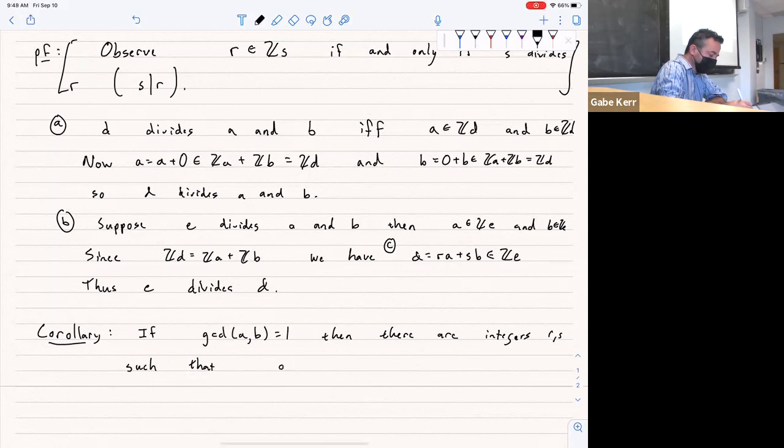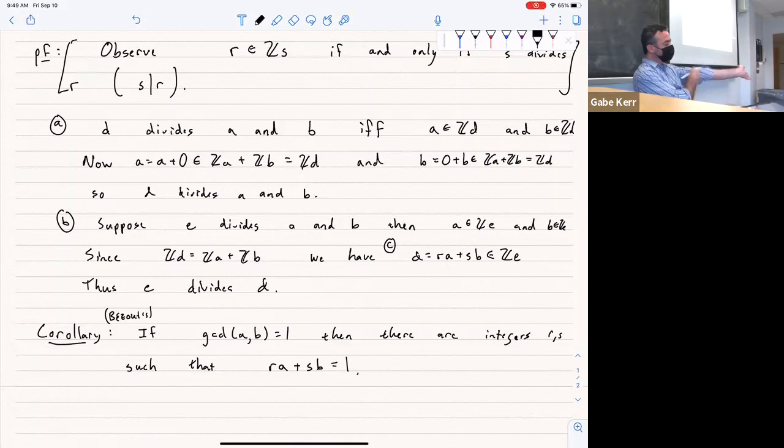This is just part C of the last thing. I think this is called Bézout's theorem. Maybe it's for a different kind of ring, a different kind of algebraic structure. But it's used.